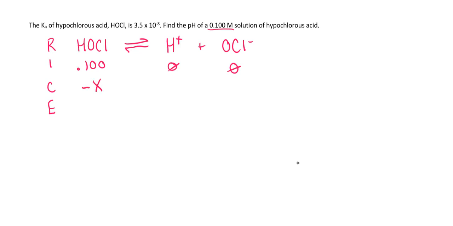Concentration of the reactants will always decrease. Concentration of the products will increase. So we have the Ka. So what we can do is write a Ka expression, work backwards to solve for X.